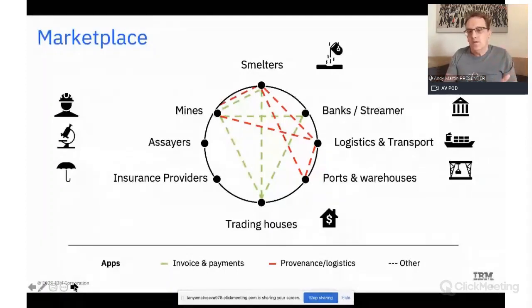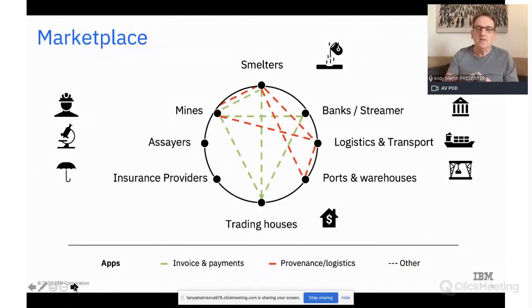And what we're doing is we're starting to build an app store for the industry with each extra member type that we're adding to the network, be it the insurance provider, be it the assayer, et cetera, et cetera. We're bringing more data onto the marketplace so we can build out more apps. We're building an app store for the industry. We are re-implementing the Internet of Transactions.